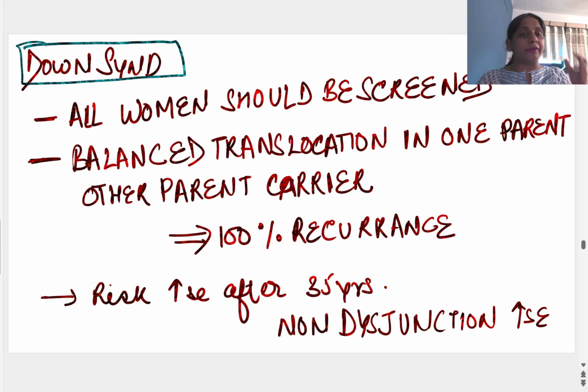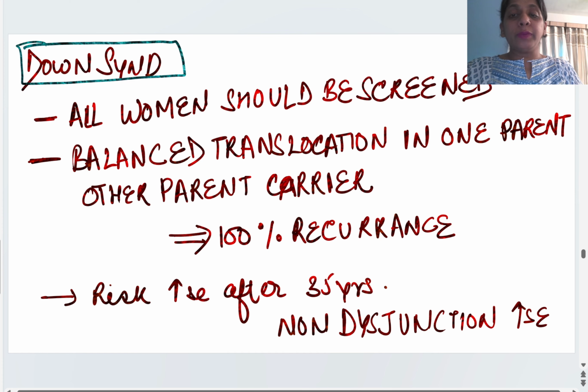They knew that whatever child will come to us will be Down syndrome, because the males in that family have balanced translocation. Okay, so 100% recurrence is there. Questions are asked on this. And yes, risk increases after 35 years because non-disjunction genetic defect increases after 35 years.